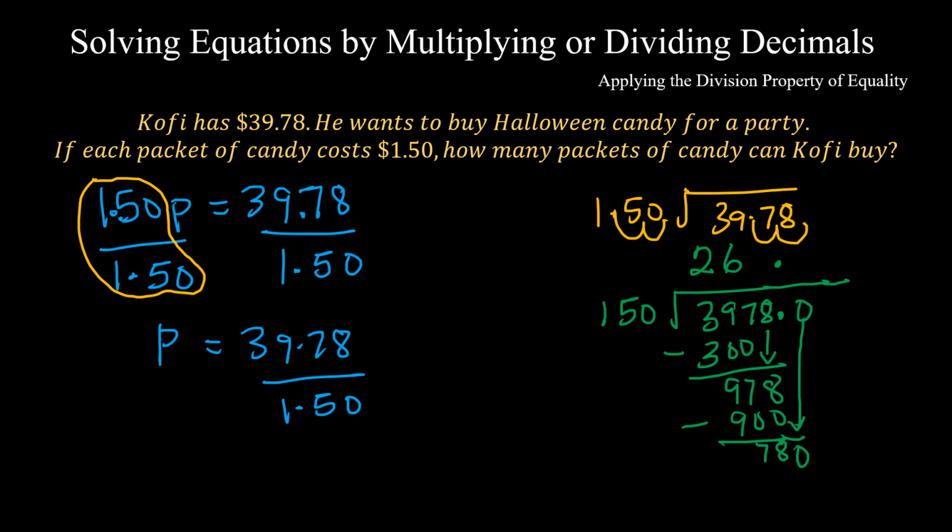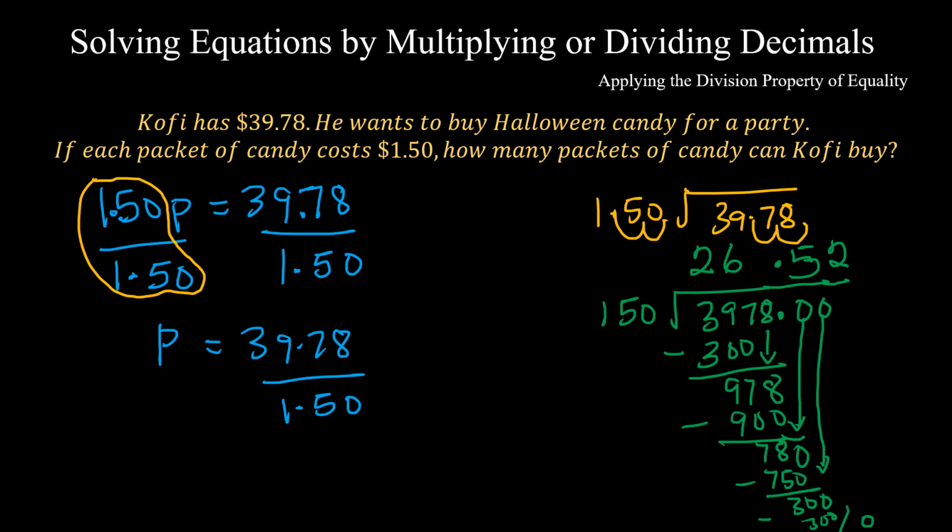Okay, so 150 goes into 750, 5 times. So 150 times 5 is 750, so I'm going to subtract that, and that gives me 30. Now I can bring down a 0 here as well. So 300, 150 goes into 300 two times, that's 300. You subtract 300 and you're left with 0. We're done. So we had 26.52.